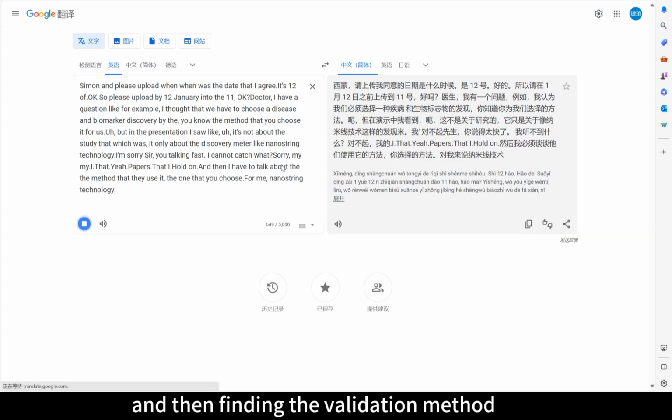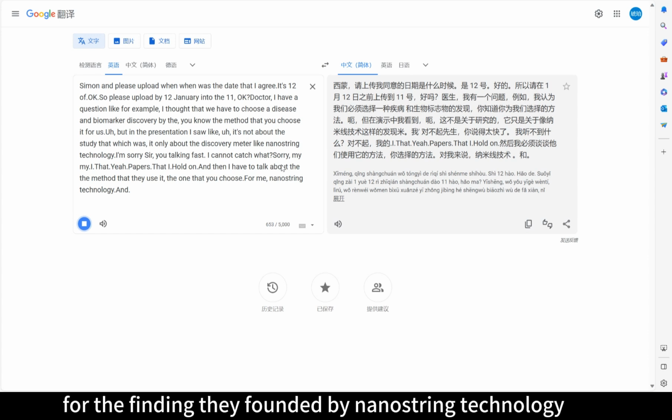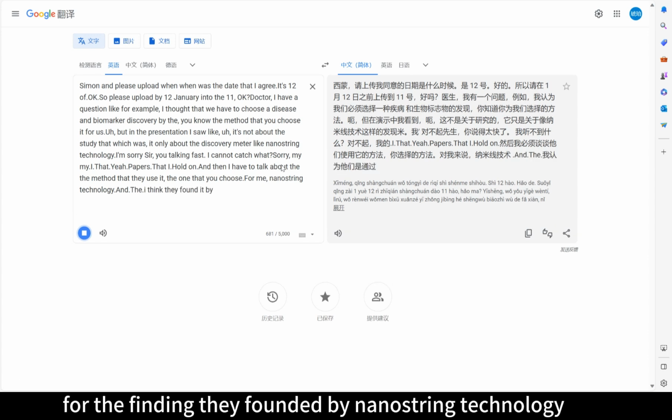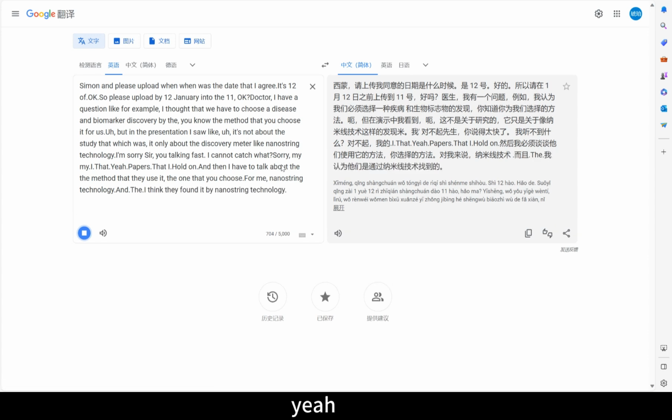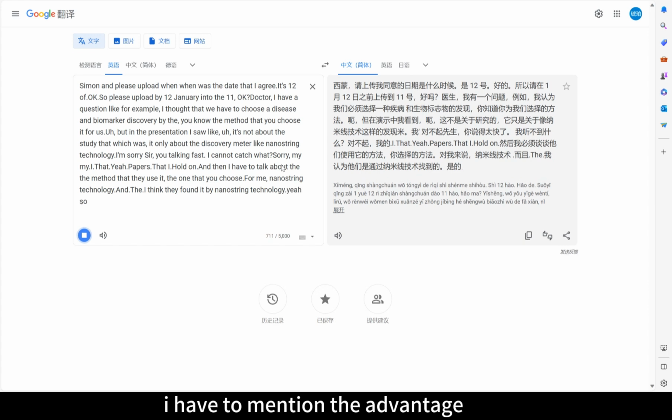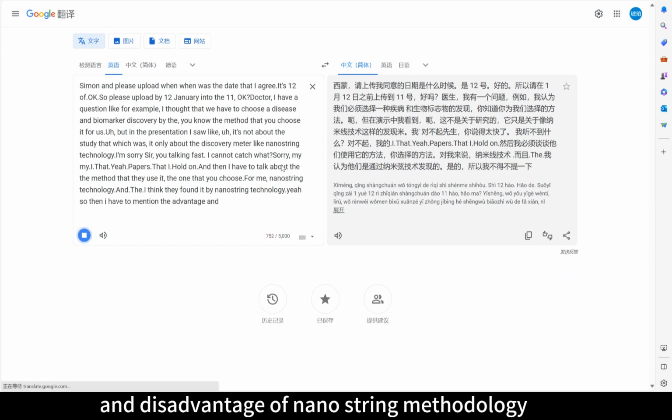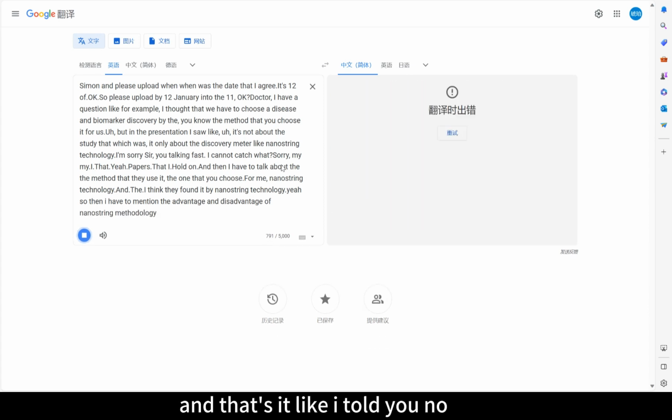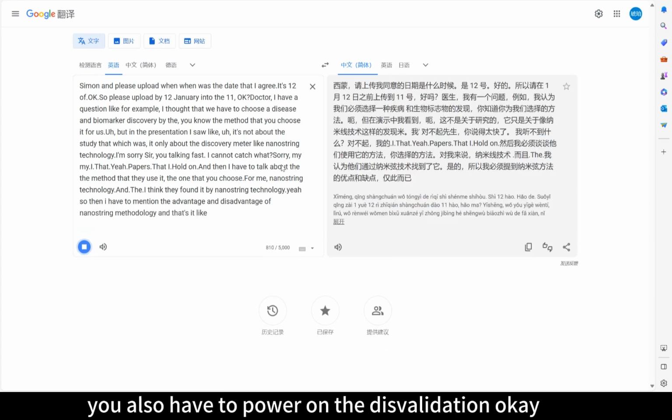Then I find the validation method for the findings found by nanostring technology. Then I mention the advantage and disadvantage of nanostring methodology, and that's it. No, you also have to cover the validation.